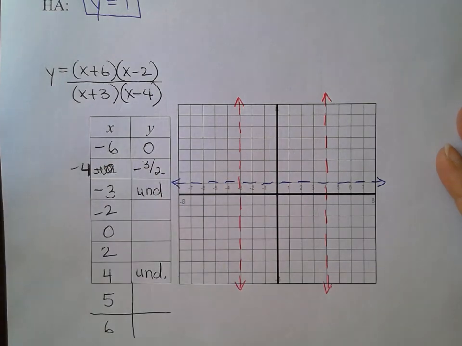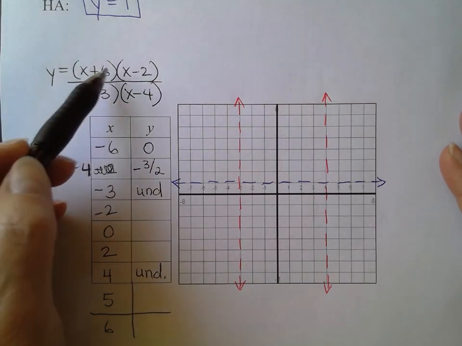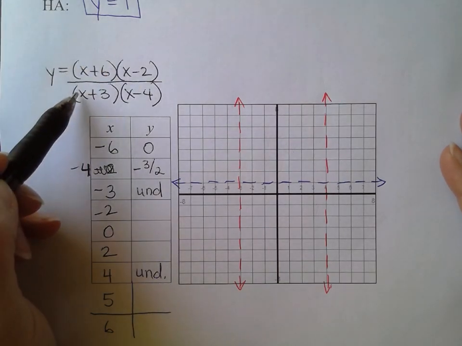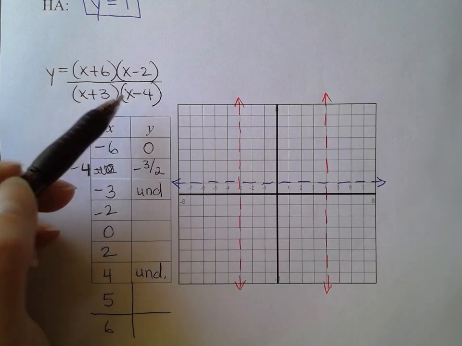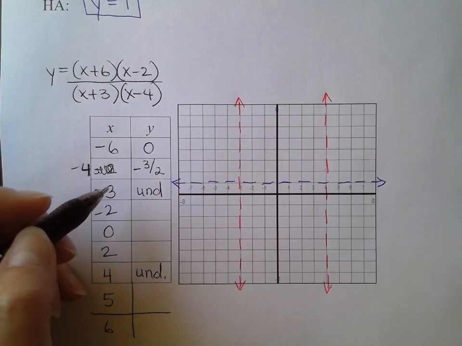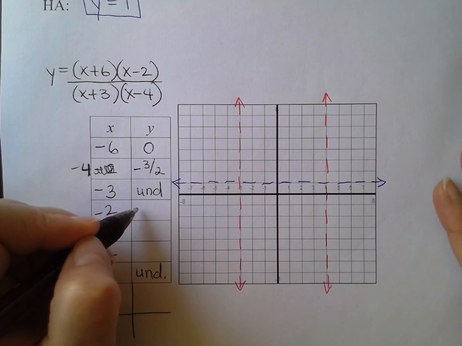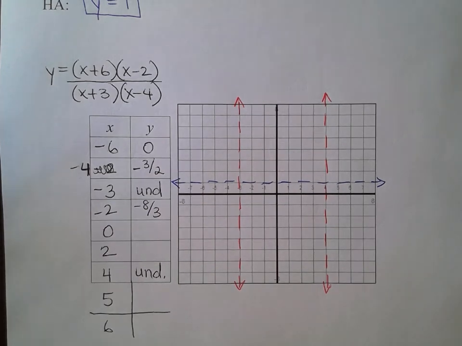All right, if I put in -2, I'm going to have 4 times -4, so that's -16 over 1 times -6. So -16 over 6 would be the same as 8 over 3. Yeah, I probably should have done these ahead of time. Okay, if I plug in 0, I'm going to get -12 over -12, which is 1.